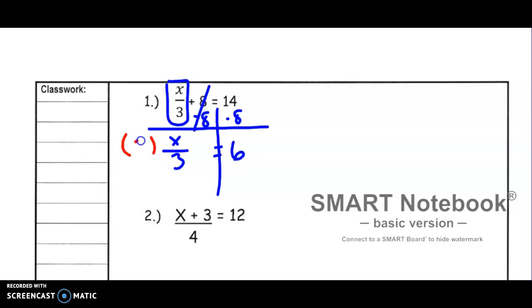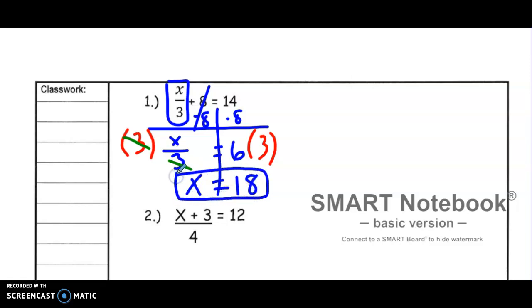We're going to multiply by the bottom of the fraction, which is the denominator. We do it to both sides. The reason we do it here is so that we can eliminate it. 3 over 3 cancels. It's equivalent to the number 1. And x equals 18 would be our solution to this question.